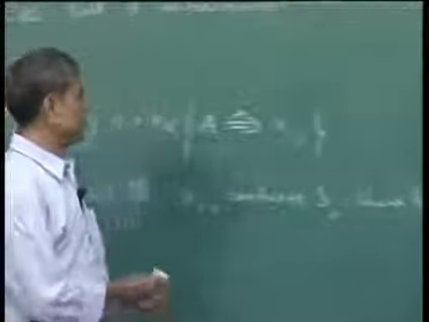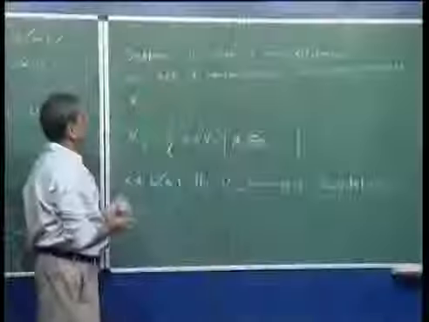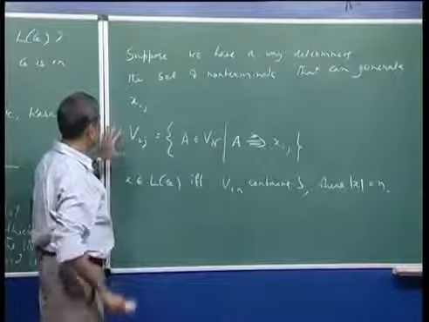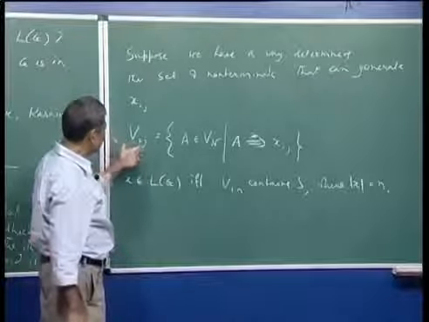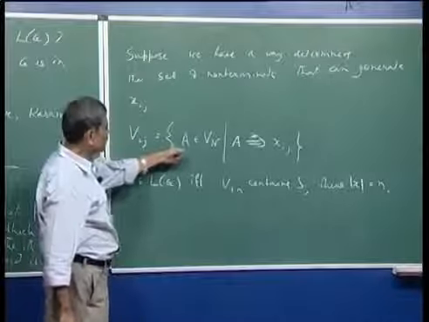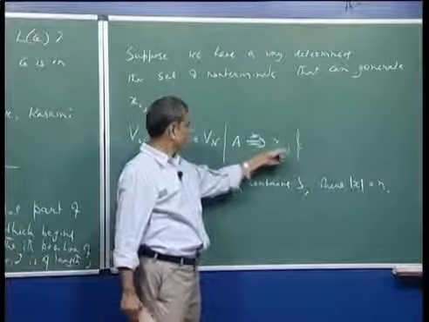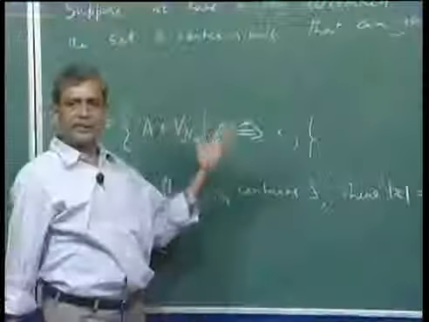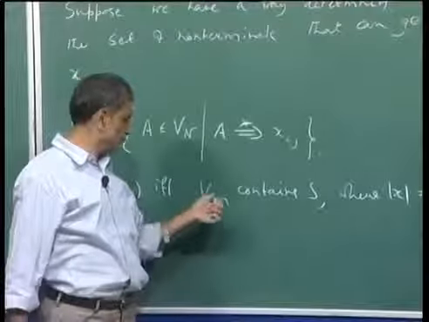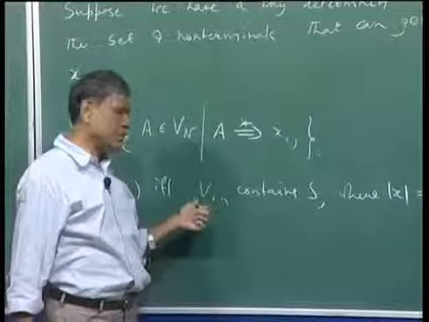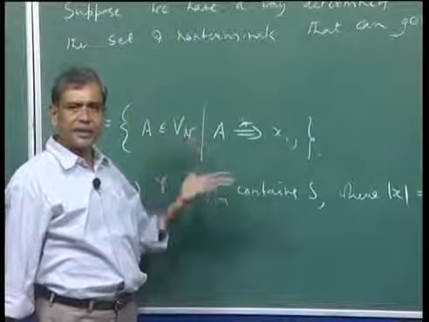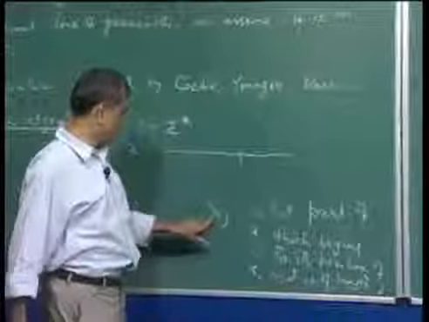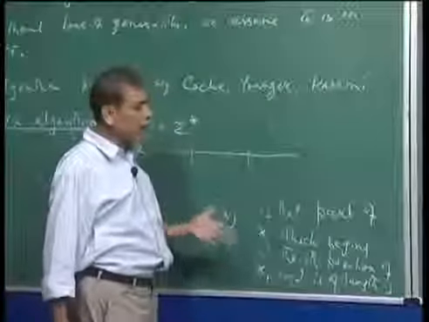This is just coming from the definition of the set Vij. Vij is the set of all non-terminals which can generate Xij, and the entire string X starts at position 1 and is of length n. So X is nothing but X1n.